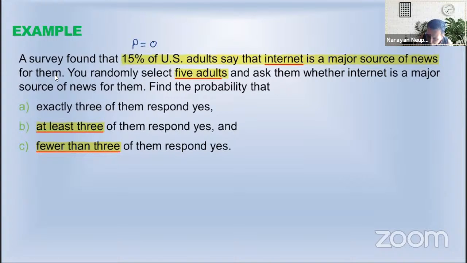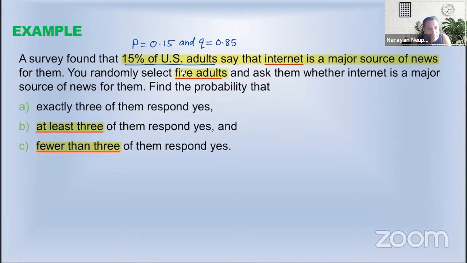If P is 0.15, your Q will be 100 minus 15%, which is 85% or 0.85.